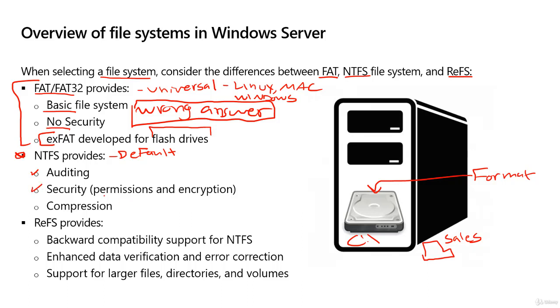For security, we can also set permissions. So I can say for this folder, one user has read access. So all they can do is double click a document in that folder, open it, but they can't make any changes to it. Another user could have the modify permission. And we will break these permissions down individually and look at exactly what they do.